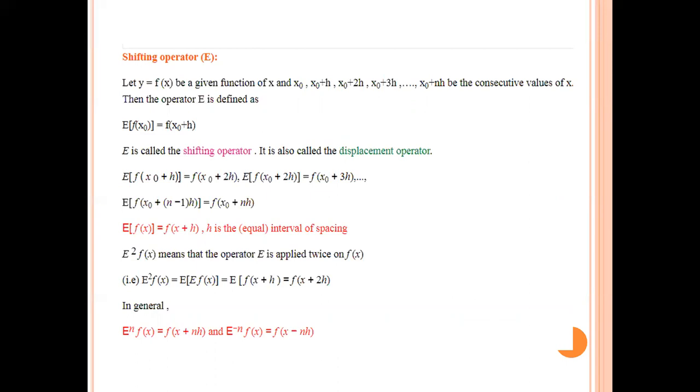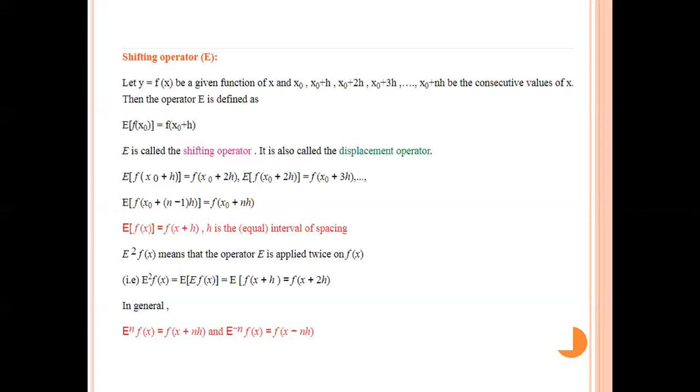Capital E is called the shifting operator and it is also called the displacement operator. E of f of x0 plus h is equal to f of x0 plus 2h, E of f of x0 plus 2h is equal to f of x0 plus 3h and so on.